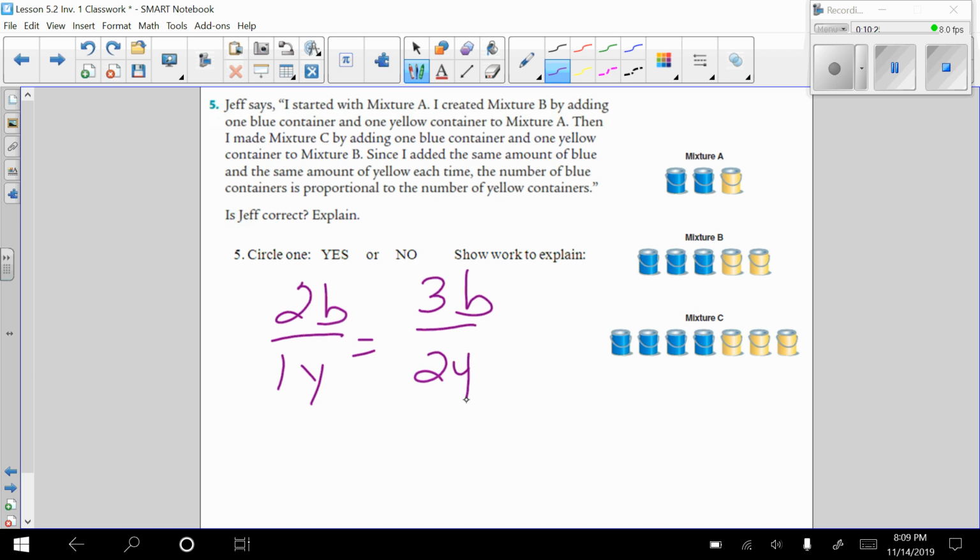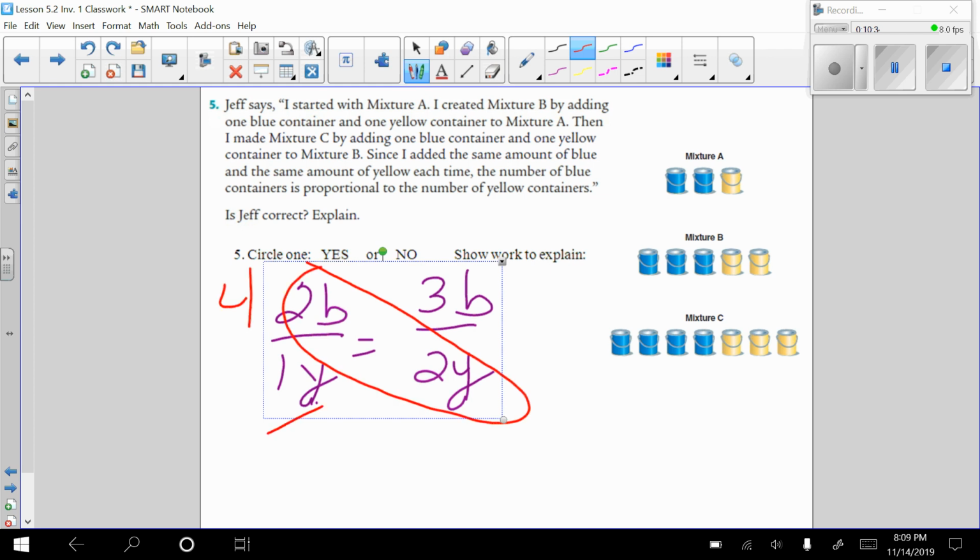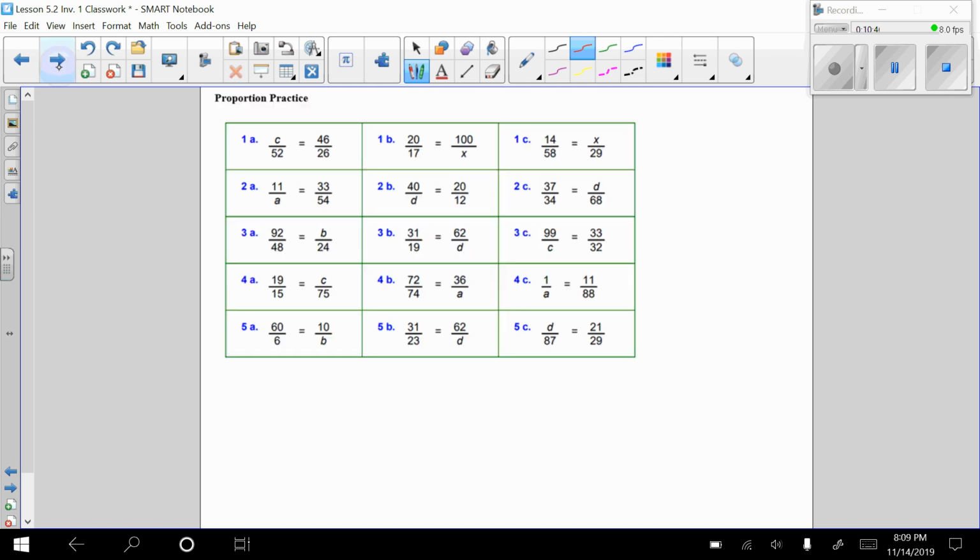They will have to equal if they are proportional. Well, if I take 2 times 2, I get 4. If I cross multiply this way, 1 times 3, I get 3. They do not equal, so no, his method is not proportional. You can't just add 1 blue and 1 yellow each time.